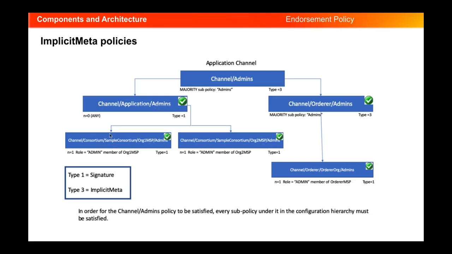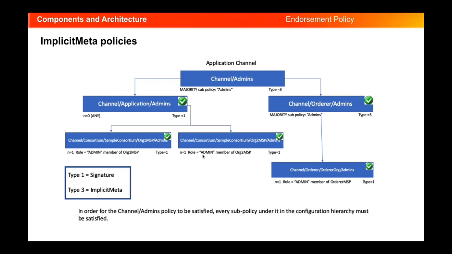The application channel comprises two organizations, organization 1 and organization 2. The subscripts that you see here, like type equal to 1, type equal to 1, type equal to 3, represent whether it is an implicit meta policy or a signature policy.